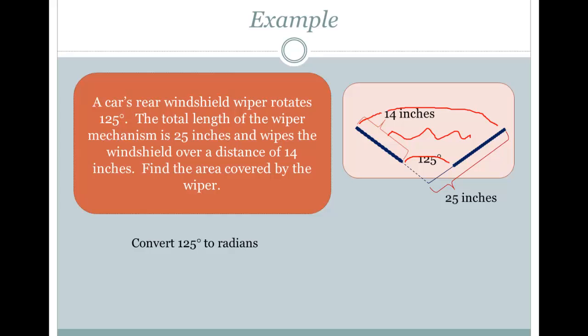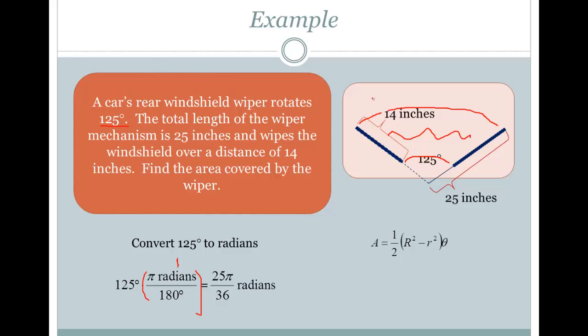First thing I obviously have to do is convert that 125 degrees into radians. We should be getting really good at that right now. Again, my conversion factor there is 1. I simplify down and I get 25 pi over 36. Now I want to use this equation, with big R squared minus little r squared.